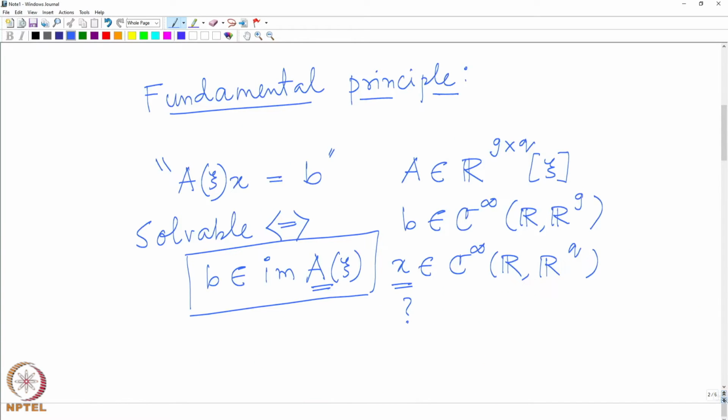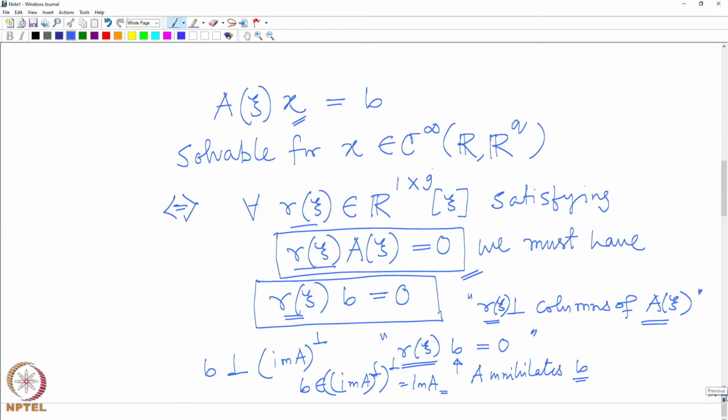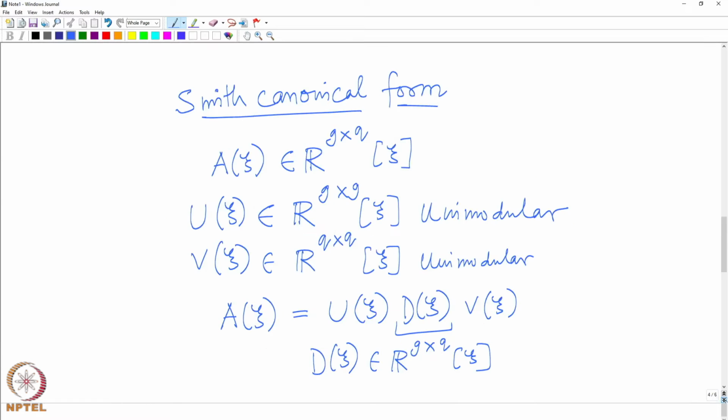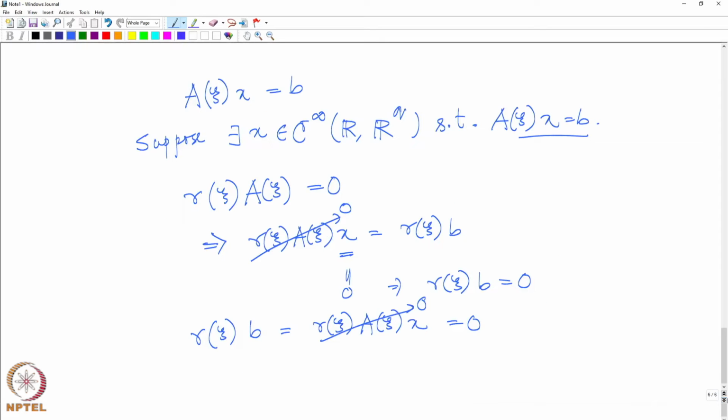It says that whenever r xi is orthogonal to a xi, r xi b must be equal to 0. So what we have proven is this direction, that if solvable, then the assertion is true. So this direction is easy.